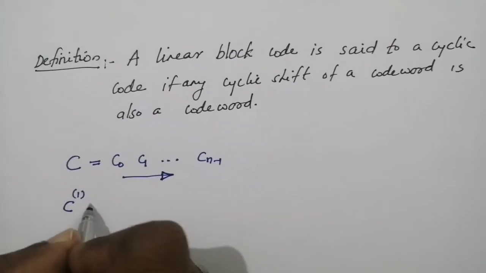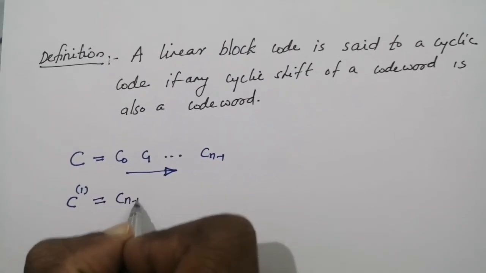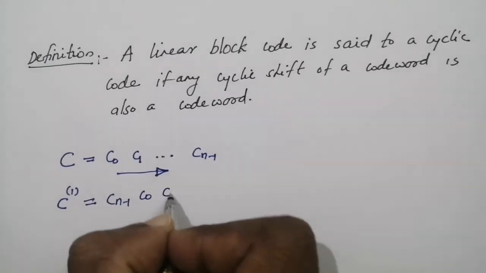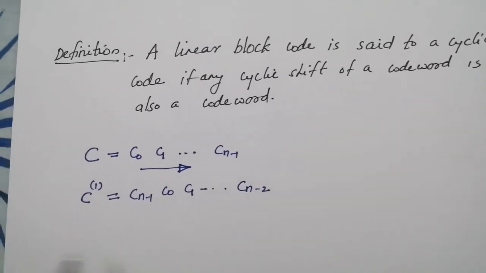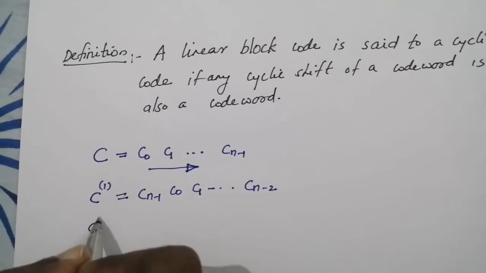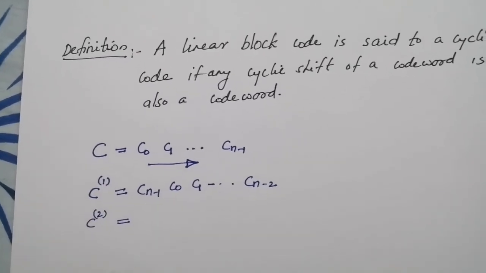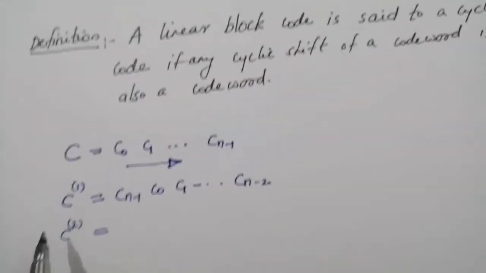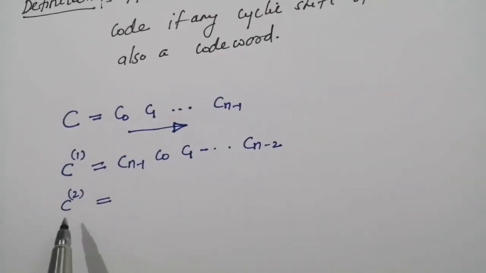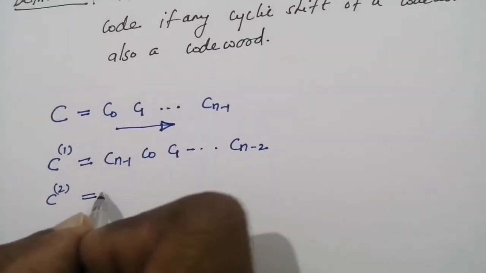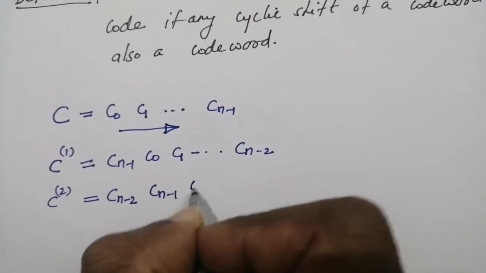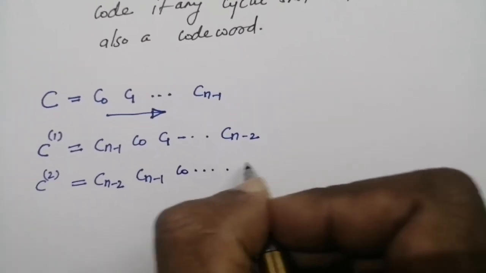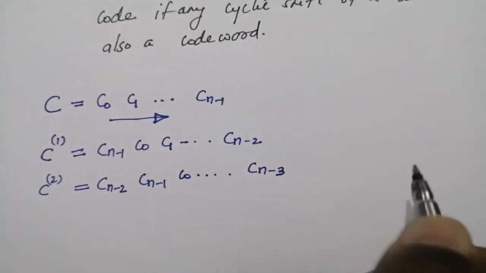So C of 1 can be represented as Cn minus 1, C0, C1, etc., Cn minus 2. Similarly, C of 2, that is, giving two cyclic shifts to the right, is given by Cn minus 2, Cn minus 1, C0, etc., up to Cn minus 3.